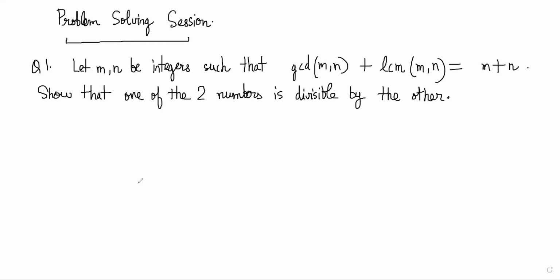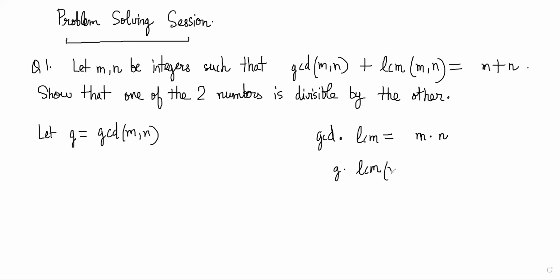Okay, so this is a pretty easy problem. We can start by saying let's call G as the GCD of m and n. And now we know there is an identity that GCD times LCM is equal to the product of the two numbers. So therefore we have G times LCM of m and n must be equal to mn.